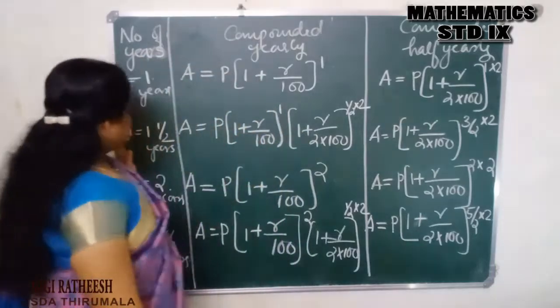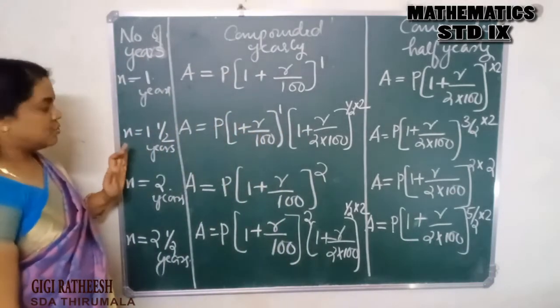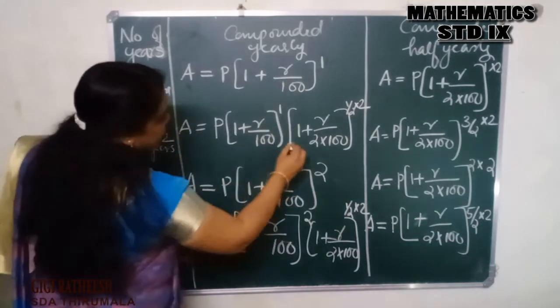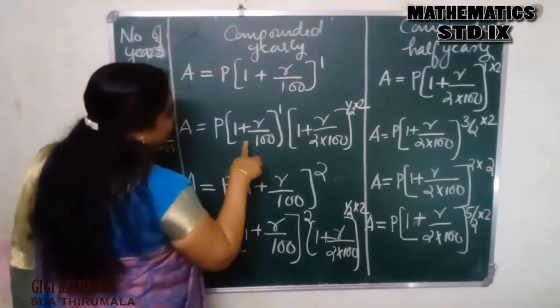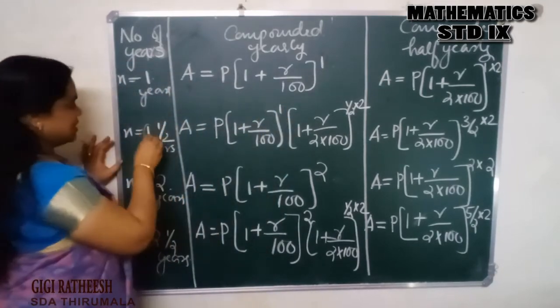Next is N is equal to 1.5 years. First we calculate for 1 year and then for the next half year. That is A is equal to P into 1 plus R by 100 the whole raised to 1, this is for the first 1 year.